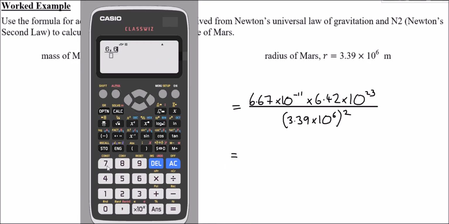So 6.67 times 10 to the power minus 11, not minus 111, sorry, multiplied by 6.42, multiplied by 10 to the power 23, and all of that divided by 3.39 times 10 to the power 6, all of that squared, and press equals. So we get here about 3.73. So I'm going to call that 3.7 in fact.